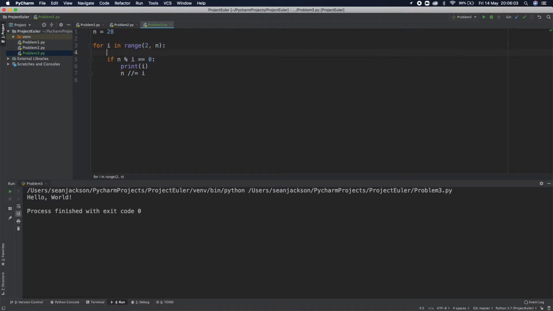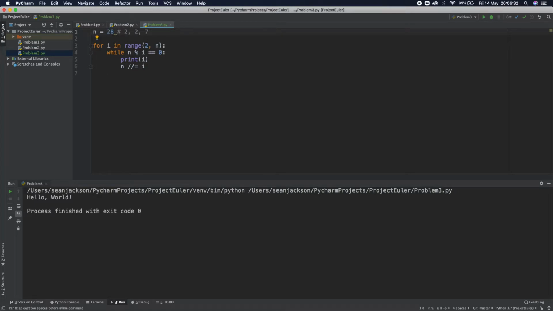So if we do a while here, it's not an if, it's a while. Whilst n is divisible by i, keep dividing n by i until it's no longer divisible, and then you can iterate. So for example, 28's prime factors are 2, 2, and 7.